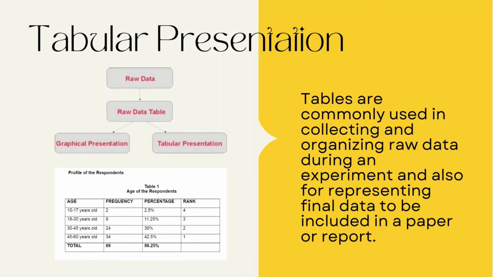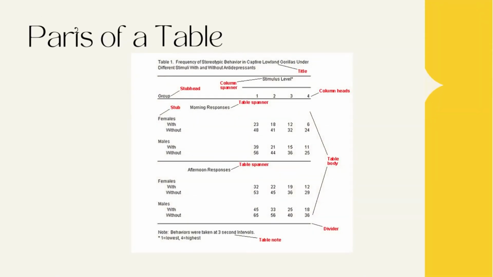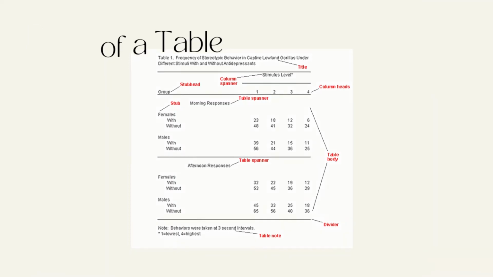Tabular presentation of data allows enormous volumes of raw data to be sorted and reorganized in a nice style, and only the most significant or relevant data to be included. Table components include the following: title, table number, heading and subheadings, table body and spanner, dividers, and table notes.